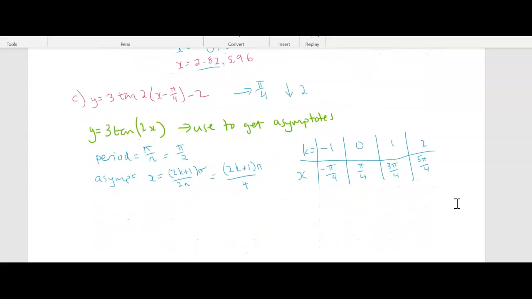Okay, now they would be our asymptotes for this green equation, but because we've got this transformation, pi on 4, we do need to add pi on 4 to each one. So add pi on 4.